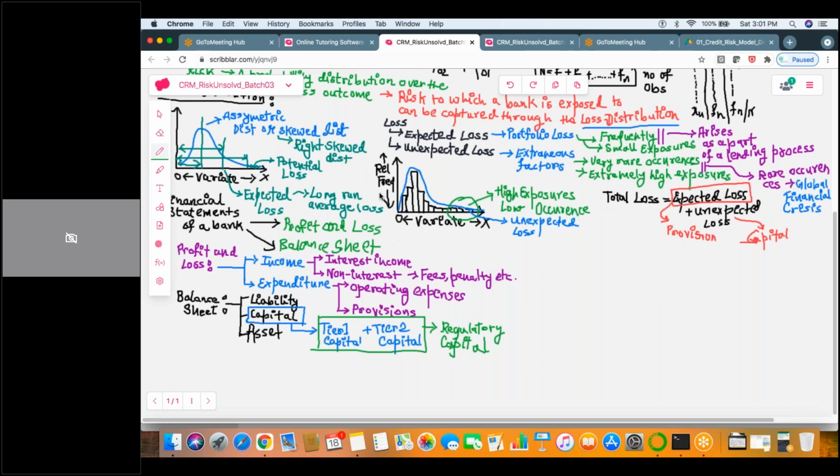So now let's try to derive the relationship between these provisions and the capital.